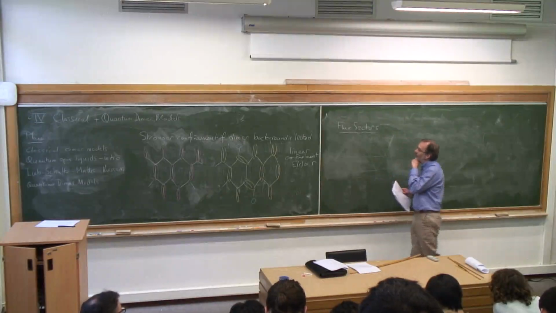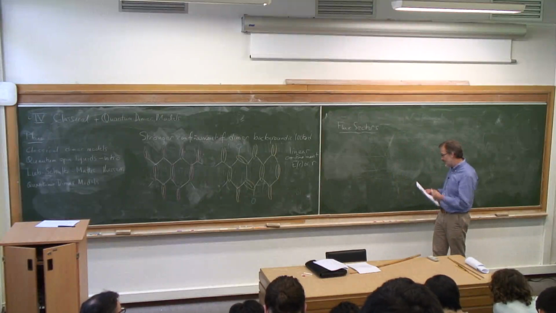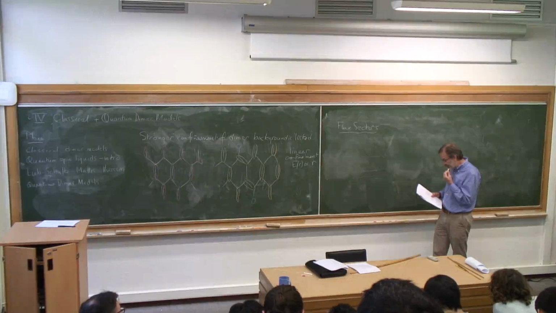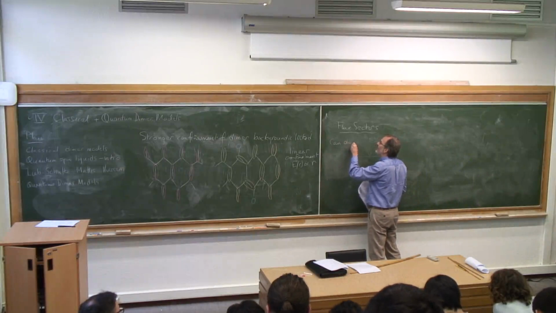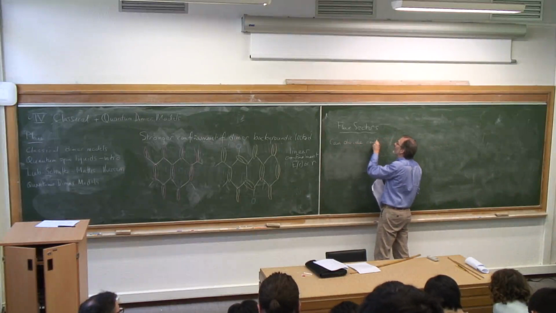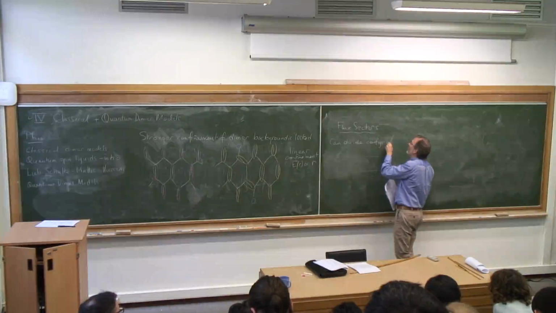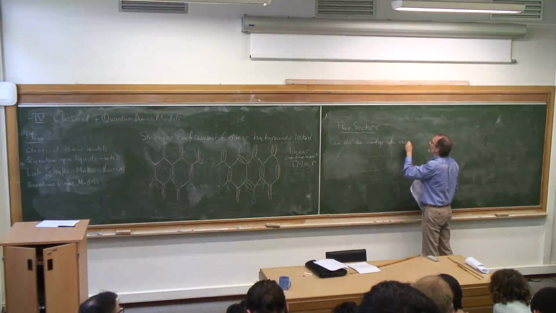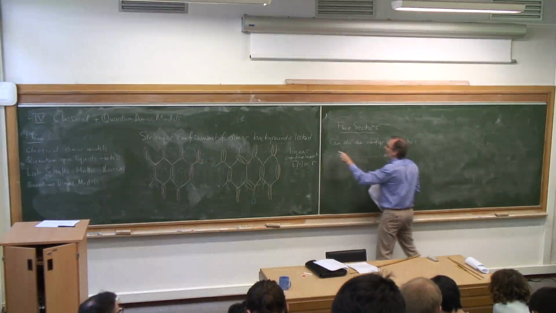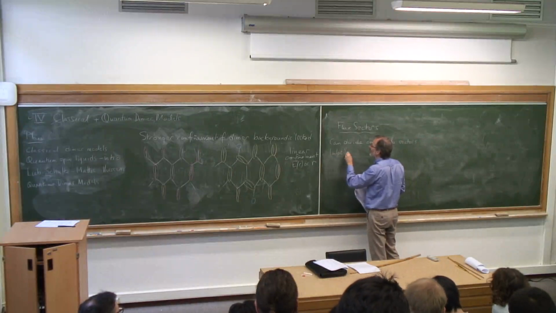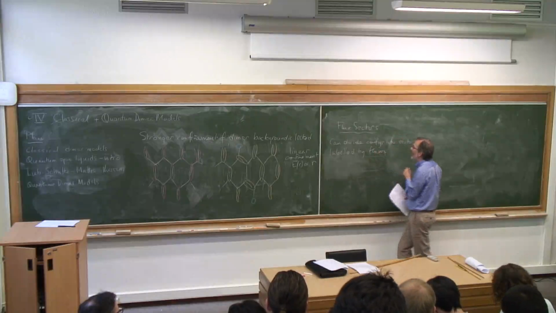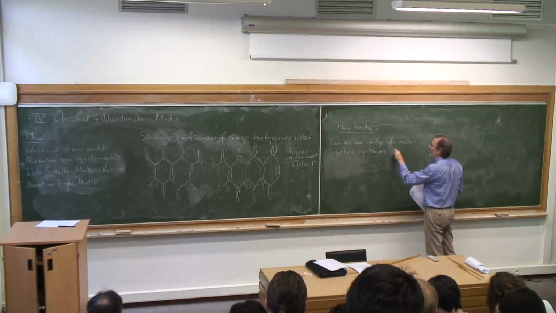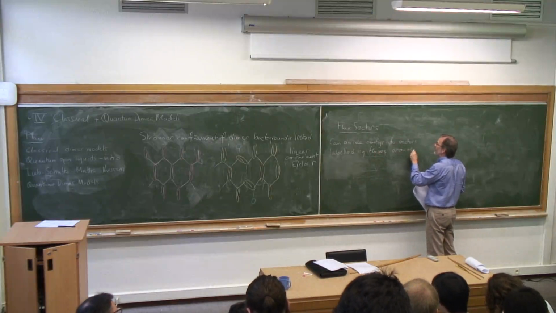Okay, so if you have one of these dimer models on a bipartite lattice on a torus, then you can divide the configurations into different sectors which are labeled by the fluxes wrapping around each direction in the torus.